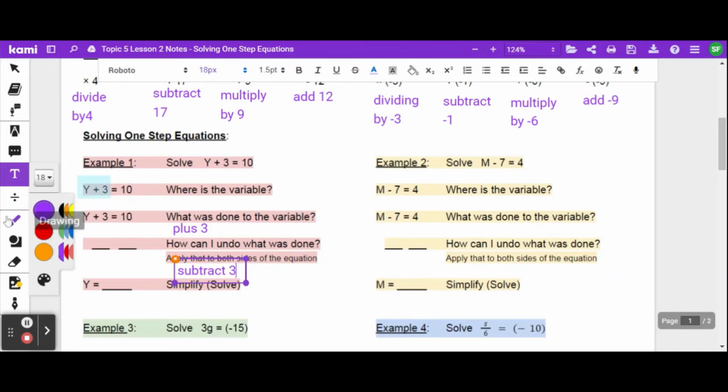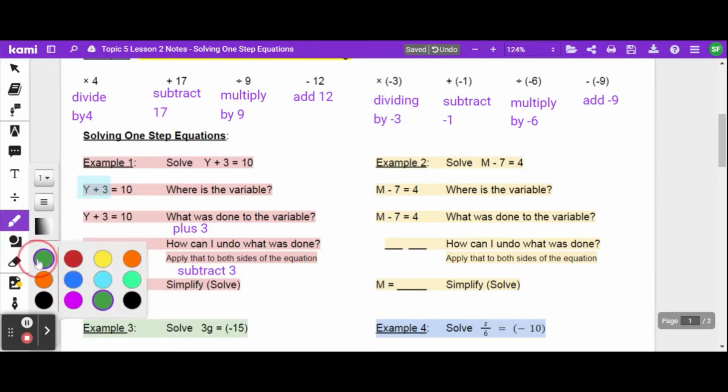In order to keep your equations balanced, you must subtract 3 on both sides of the equal sign. So I'm going to put a -3 on the left side, and a -3 underneath the 10 on the right side. Essentially, +3 and -3 equal 0, which leaves me with my y by itself, which is what we want.